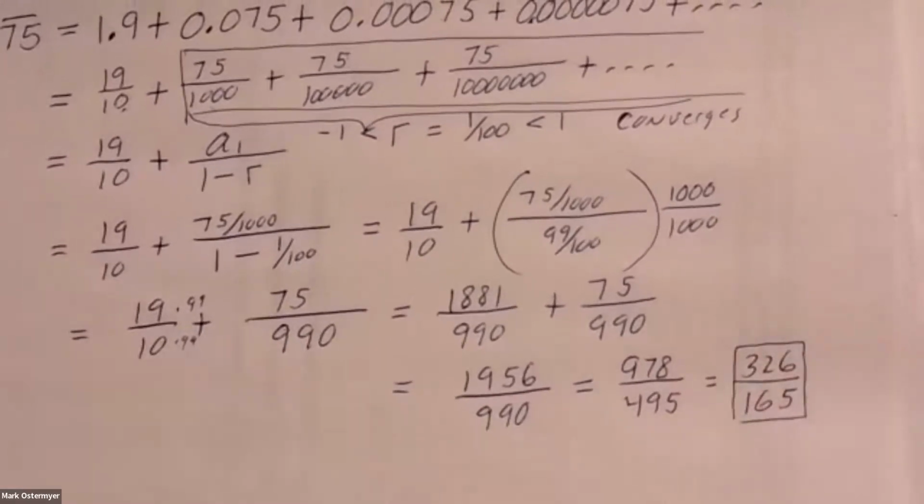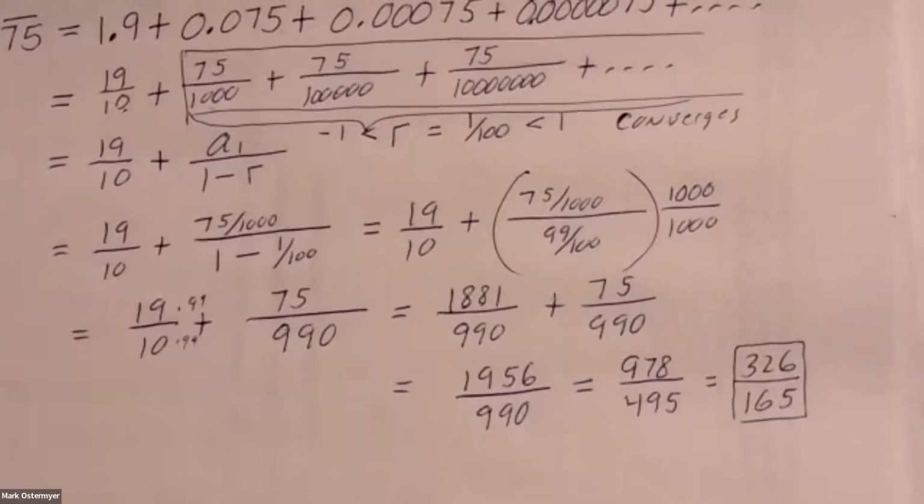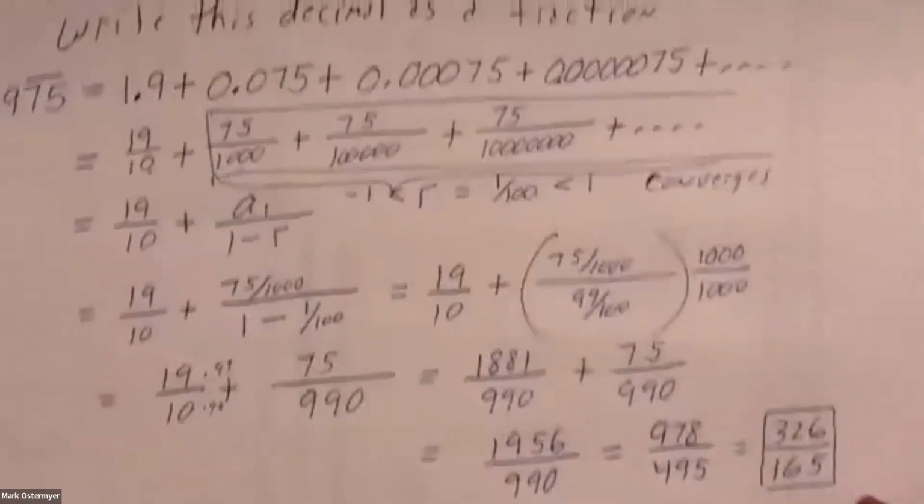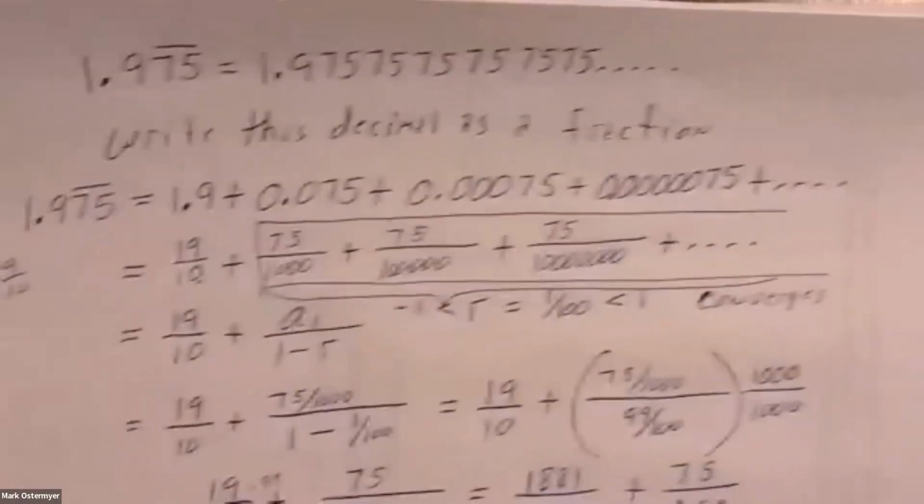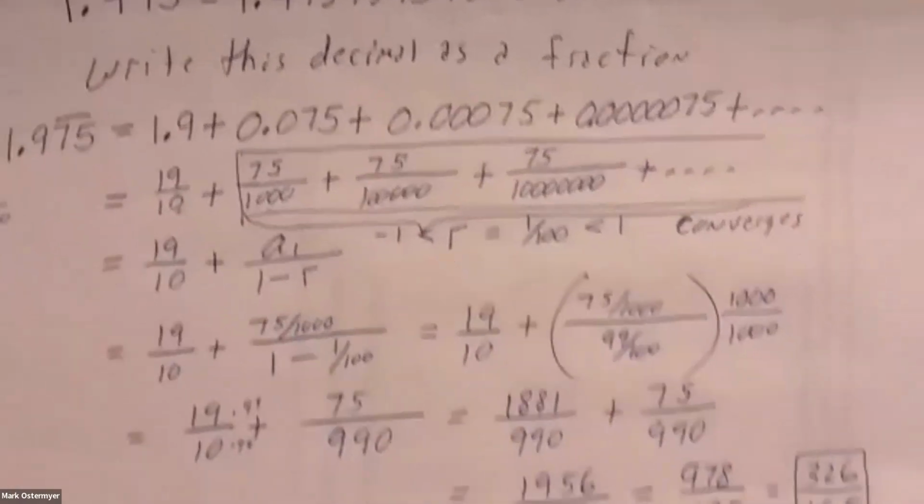There you go, ladies and gentlemen. We've done it. Take your calculator now and convince yourself. Take 326 and divide it by 165. Does it generate that repeating decimal of 1.975757575? You got your answer. So we've rewritten this repeating decimal as a fraction.